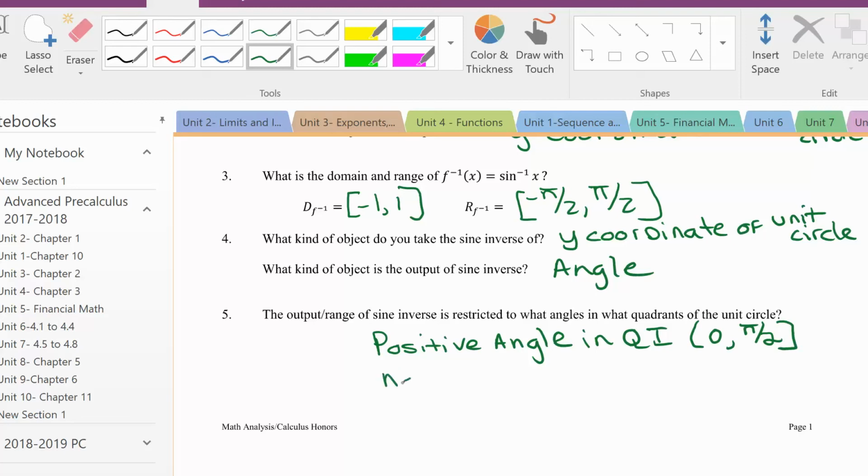If it's a negative angle, it would be in quadrant 4, and it would be from negative pi over 2 to 0.